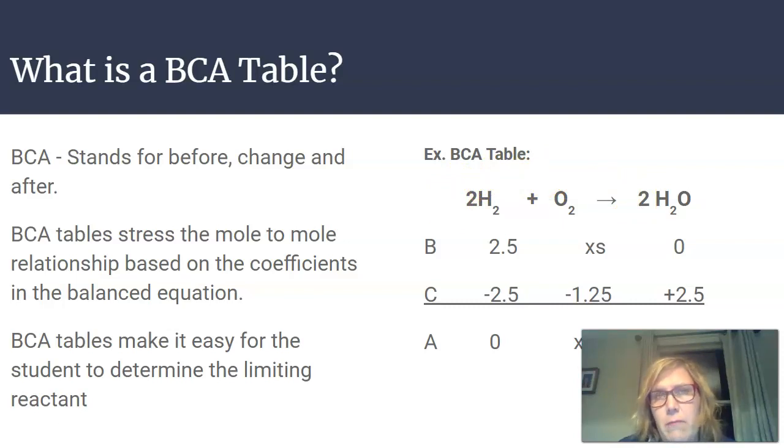Going back to the chocolate chip cookie example, if you turn over the bag of chocolate chips, it has a recipe and it tells you you need 2 cups of flour to 1 cup of butter. Those are all ratios. So ratios are important. BCA tables make it easy for students to determine the limiting reactant. We will talk about limiting reactant, but you will understand that more as we go through this lesson.